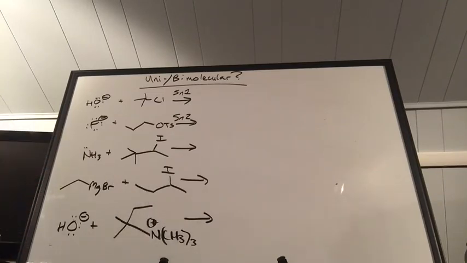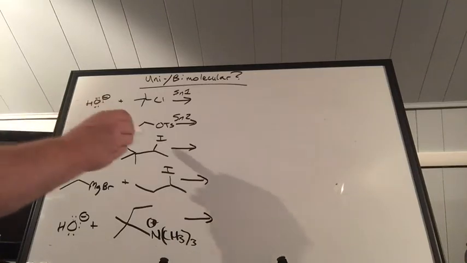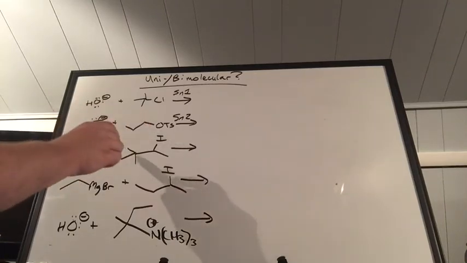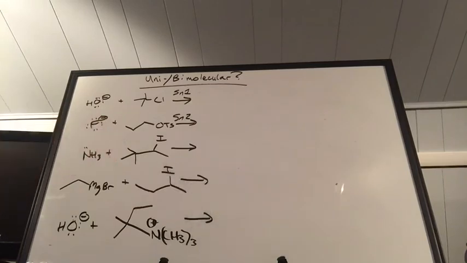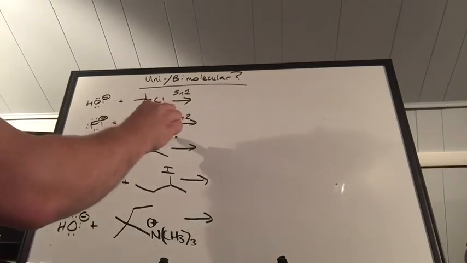If you think about it, NH3 is, in essence, somewhat of a protic solvent, so it can induce some kind of charge separation. So you may see some heterolysis here, and you may see some rearrangement where one of these methyl groups slides over, and you form a more stable carbocation. So this would actually be SN1.